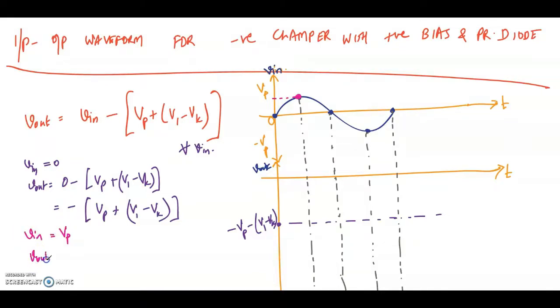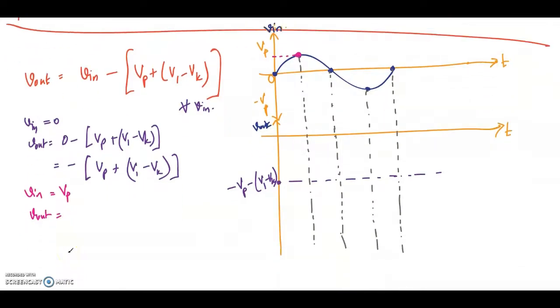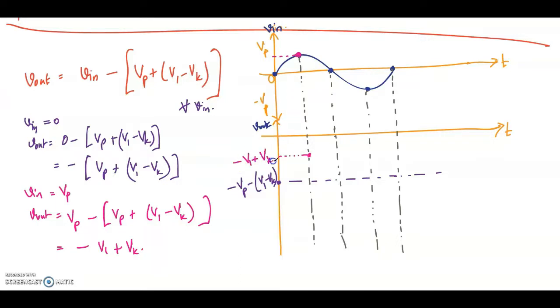Therefore, Vout becomes Vp minus Vp plus V1 minus Vk. That is equal to Vp minus Vp, 0, minus V1 plus Vk. So corresponding to this, let me mark this point as minus V1 plus Vk.